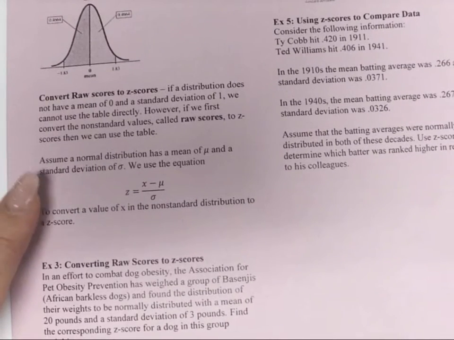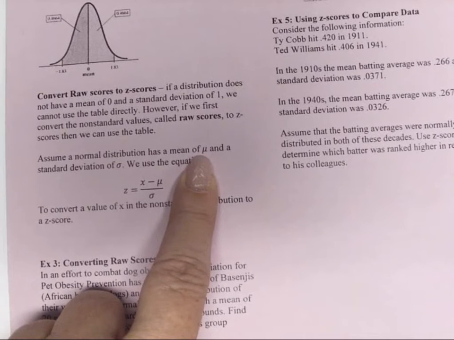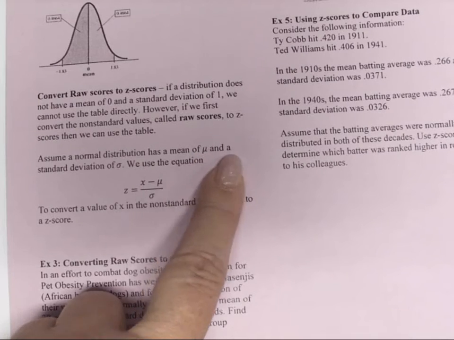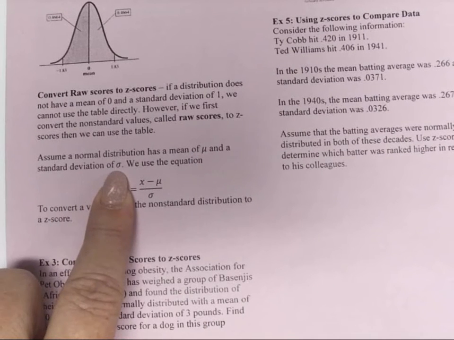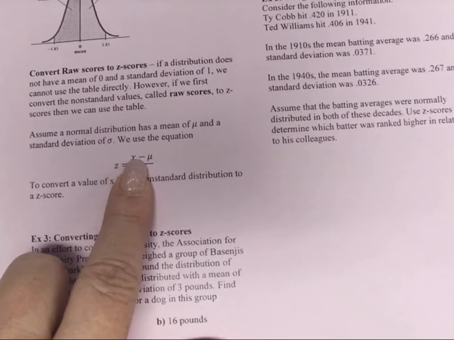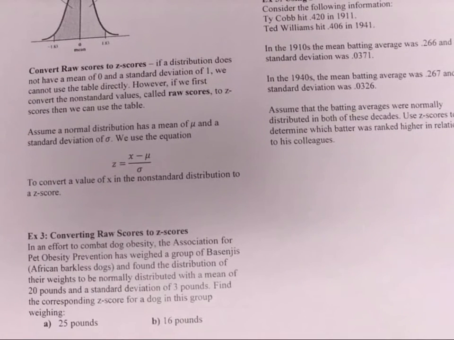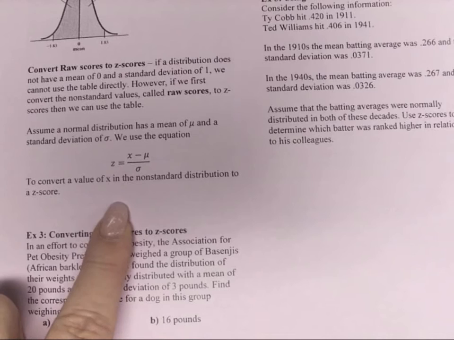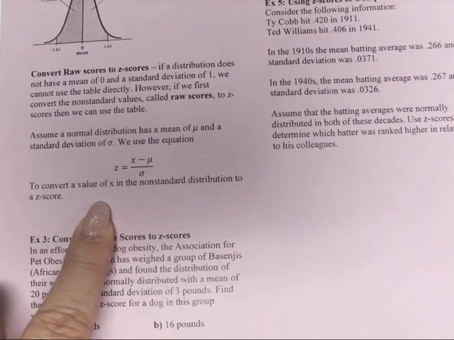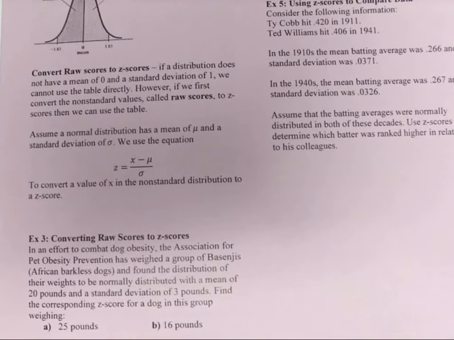So assume a normal distribution has a mean of mu, and a standard deviation of sigma. We use the equation z is equal to x minus mu divided by sigma to convert a value of x in the non-standard distribution to a z-score.